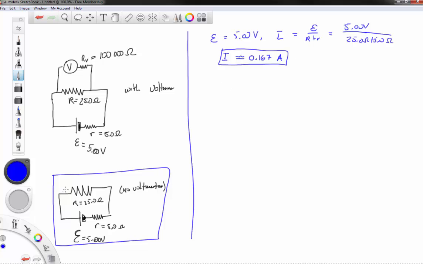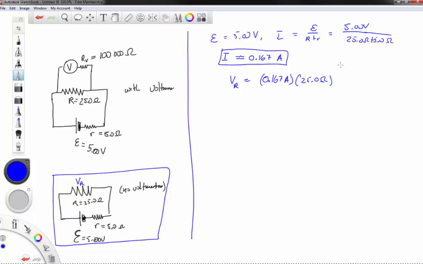And therefore the voltage drop, we'll call it V sub big R, must be 0.167 amps times 25.0 ohms.